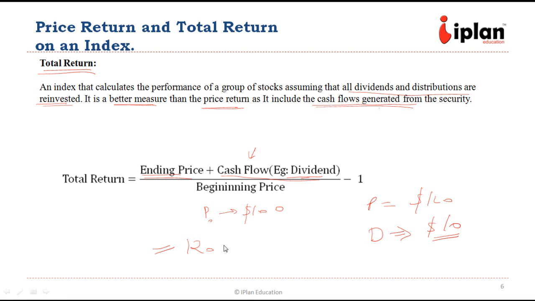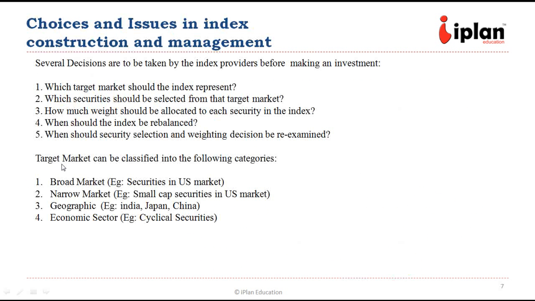So ending price 120 plus cash flow, which is 10, divided by 100 minus 1. So this will be 30%. Since we are including 10% return due to dividend as well, total return represents a better picture of the index return. Now let us move to the next slide.